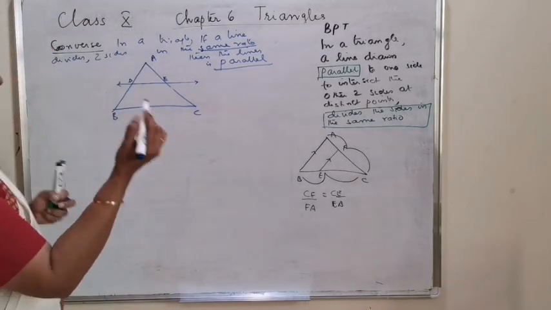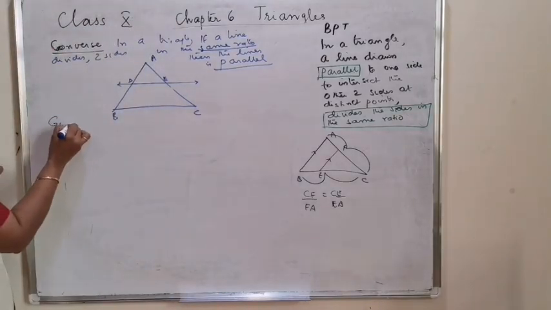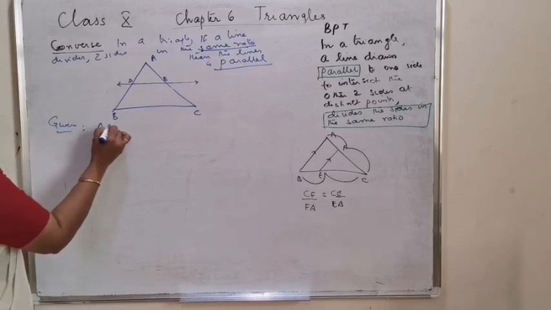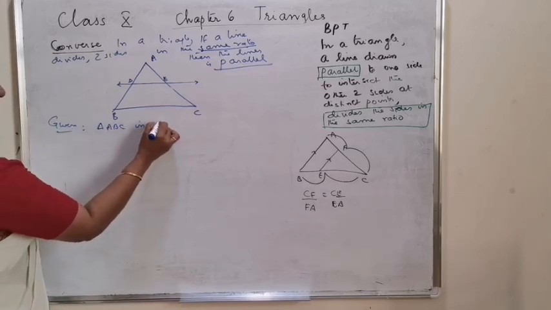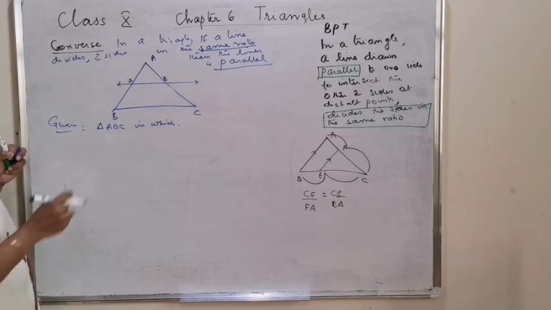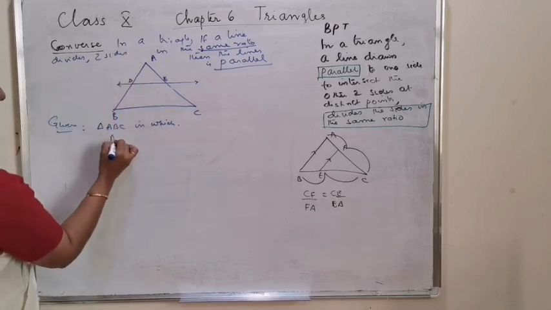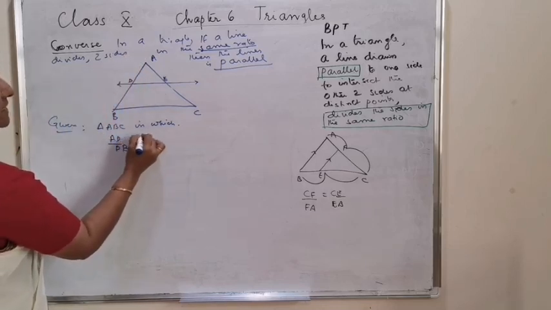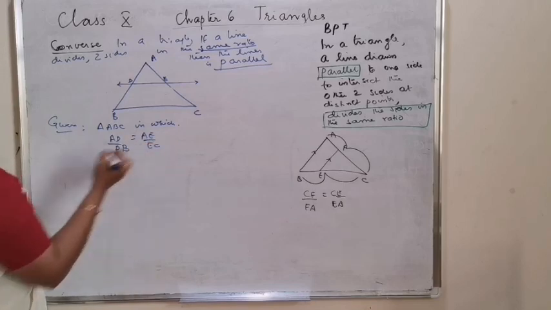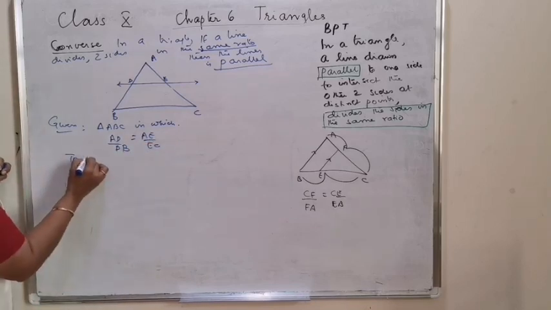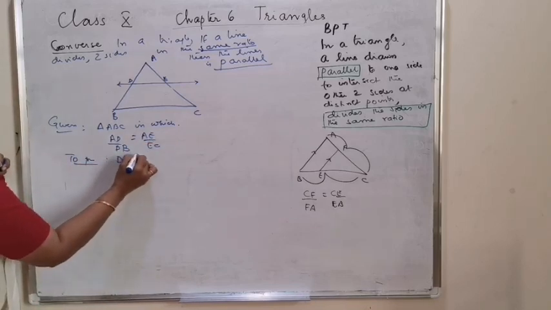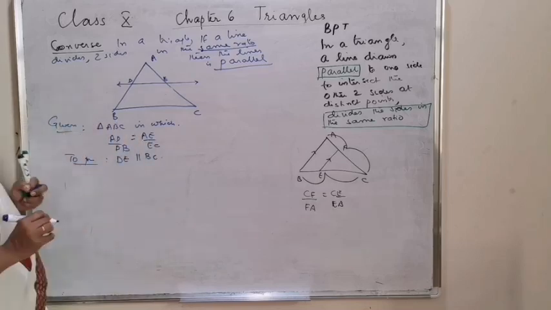So what is the given condition? The given condition is triangle ABC, in which AD by DB is equal to AE by EC. What is to be proved is DE is parallel to BC.